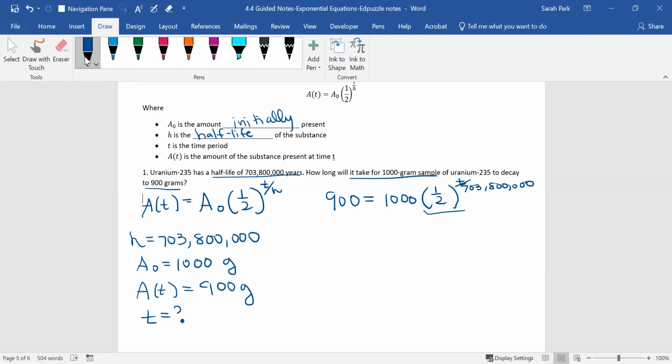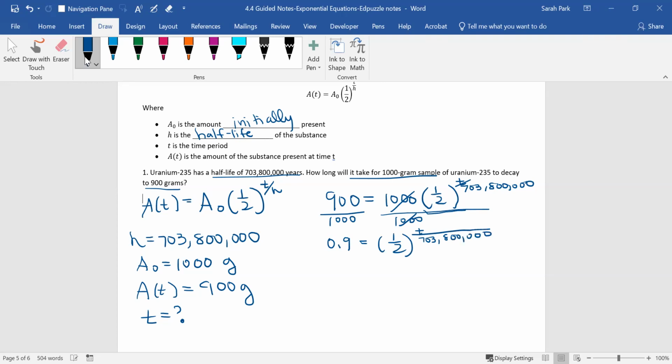And so we need to get rid of this 1,000 first. We can do that by dividing both sides by 1,000. 900 divided by 1,000, we can simplify that to 0.9. Then we're left with 1/2 raised to T over that big number again.